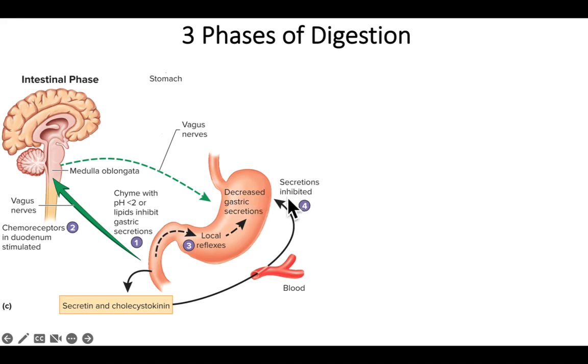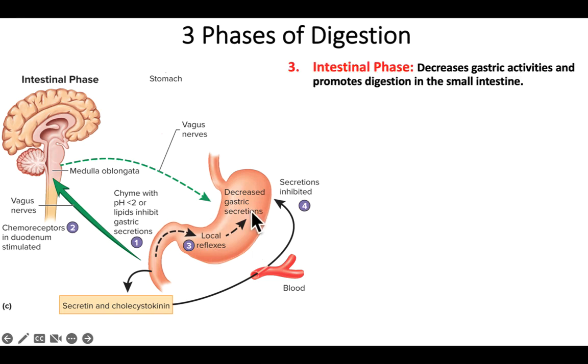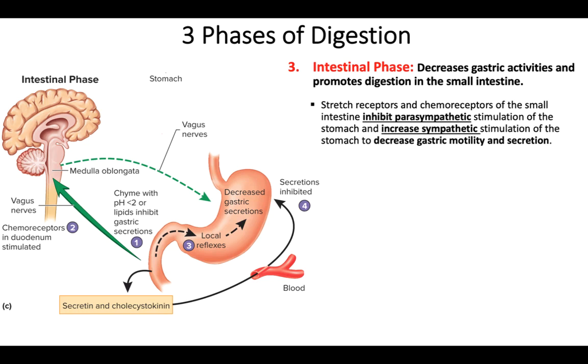All right, so the intestinal phase, largely called intestinal because we're using two intestinal hormones, secretin and cholecystokinin, to inhibit the stomach. All right, so this phase is going to decrease gastric activities but promote the activity of the small intestine as well as the liver, gallbladder, and pancreas.